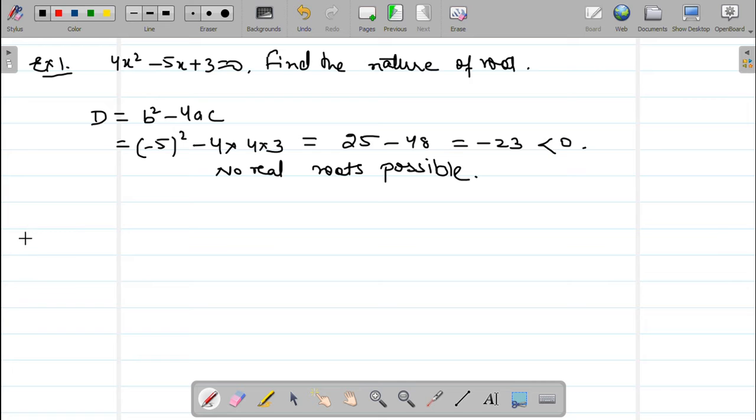The second example can be, you don't need to find out the roots further because we don't have any real roots possible here. So example 2 can be 2x square minus 6x plus 3 equal to 0.